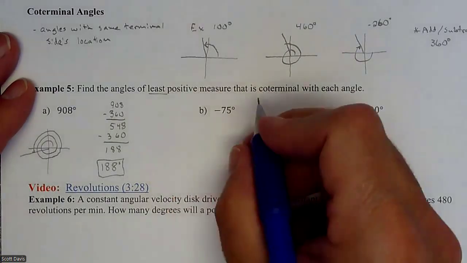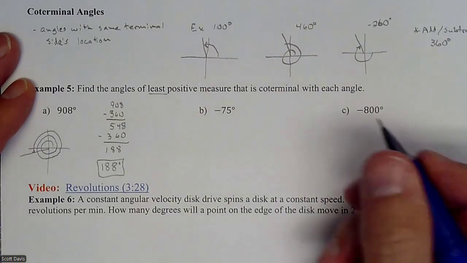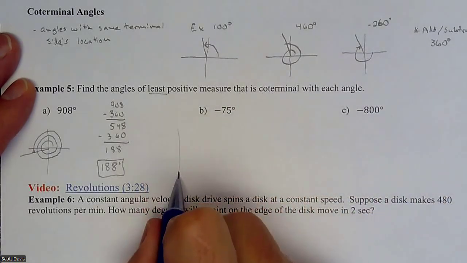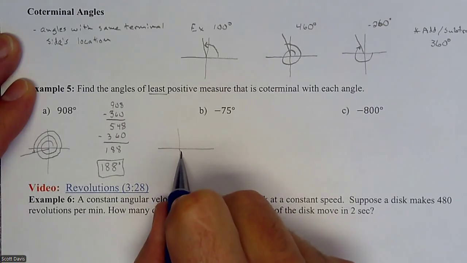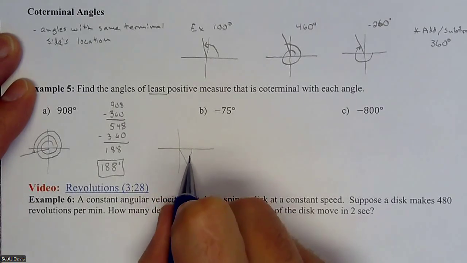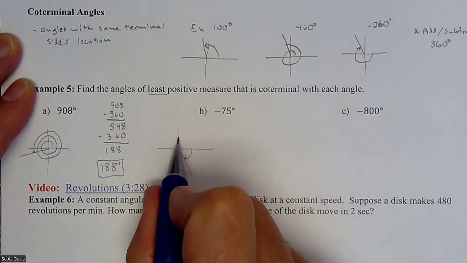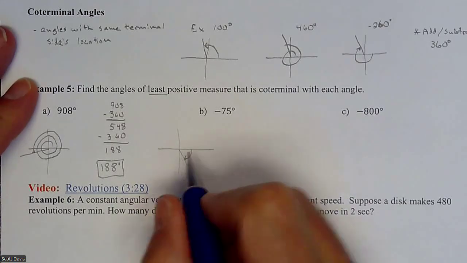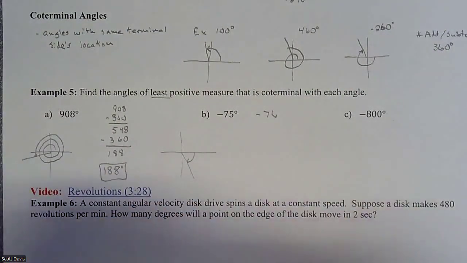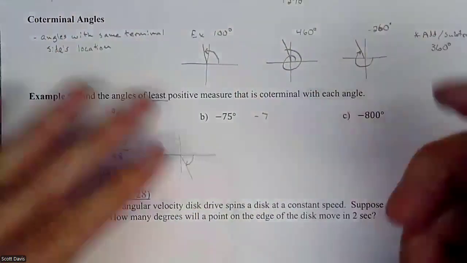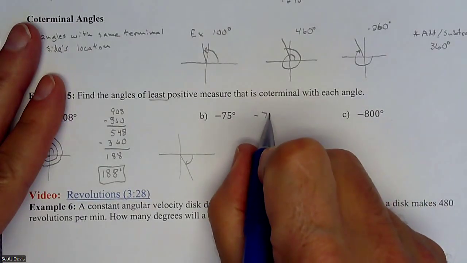Same idea on this one. Since we're in the negative, we want to get into the positive. Visually, we're looking at a negative 75. Somewhere down here is our real angle, but we would rather go this direction. So for the math, we take our negative 75 and add 360 to it.